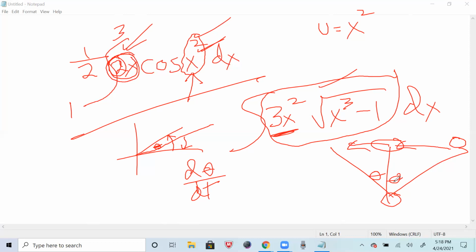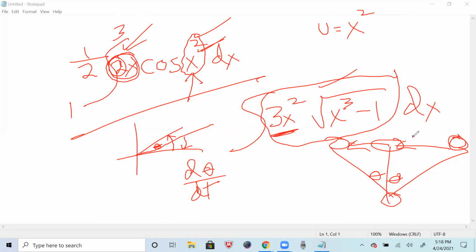Well, the reason I had problems with it is because I wasn't drawing my picture correctly. Because the explanation of the problem wasn't clear to me on whether the airplane was directly overhead of the radar, or some distance out here, or some place over there. Doesn't really matter, but what's really important is that you understand that depending on how you draw your picture, d theta dt is going to either be positive or negative.